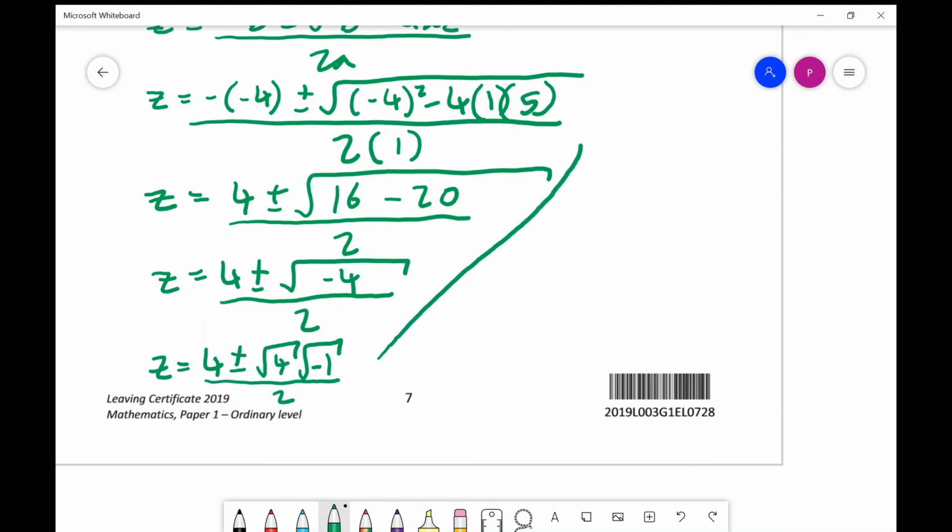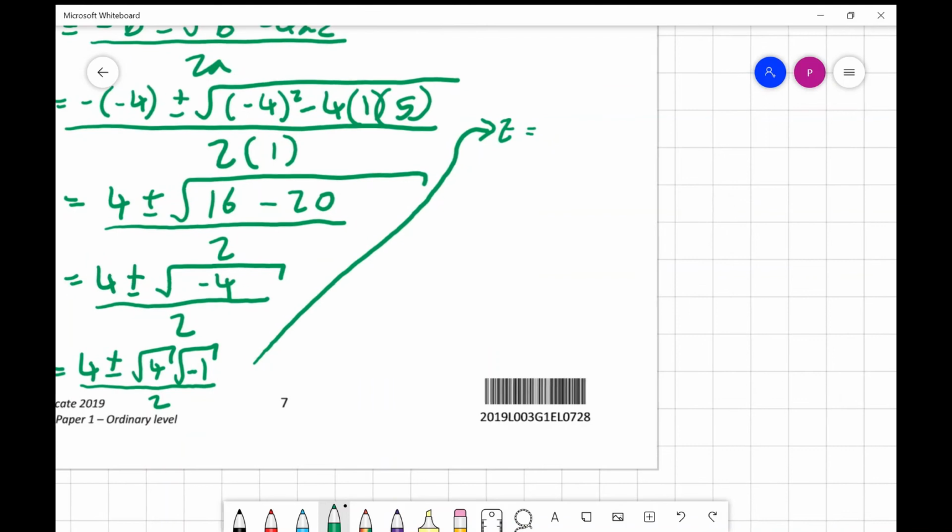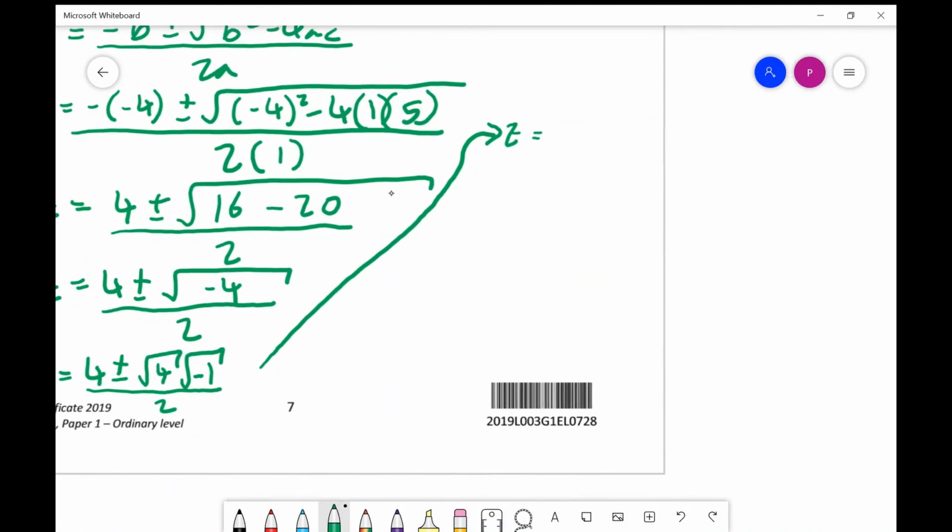That helps because z is equal to 4 plus or minus, the square root of 4 is 2, and the square root of minus 1 we know as i, so I've got my complex number there, over 2.